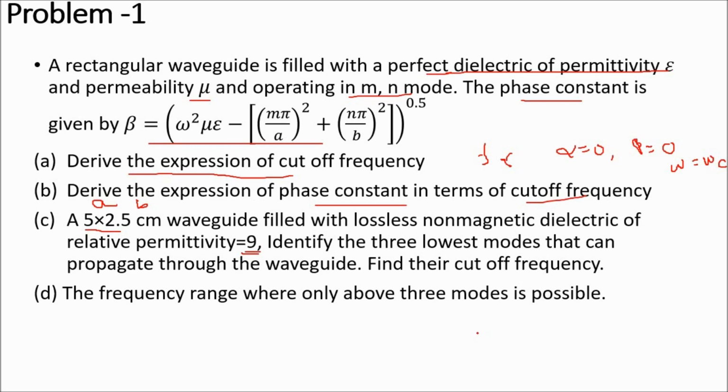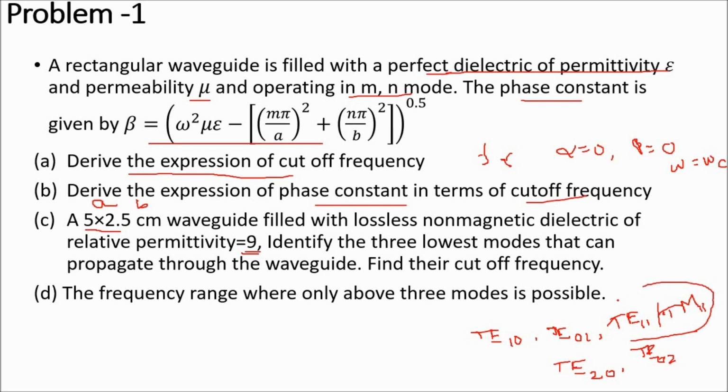So you have to find the cutoff frequency for modes like TE10, then you solve for TE01, TE11 and TM11, same thing because the expression is same, TE20 and TE02. So solve for these 1, 2, 3, 4, 5, 6 modes.